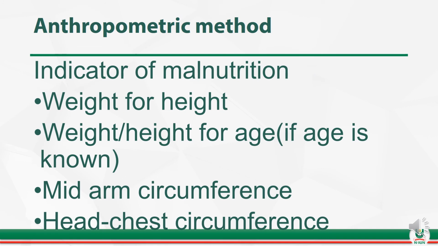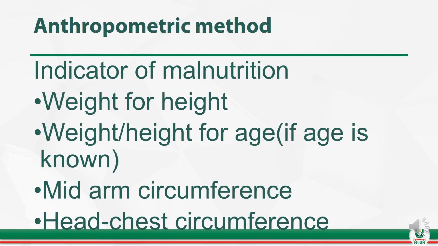So what are the things in the nutritional anthropometric method? Each is an indicator of malnutrition. Some of them can be indicators of acute malnutrition. Some can be indicators of chronic malnutrition. The most important components of this anthropometry are the weight, the height, the mid-arm circumference, the head circumference, and the chest circumference. These are the important measurements that you take in a child.